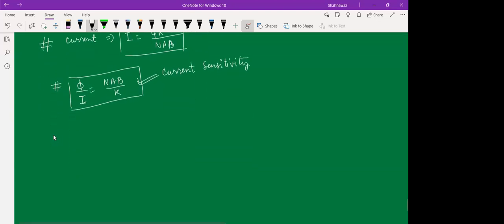Again, let me just write this thing. Phi is NIAB by K, right? So I want to calculate voltage from this. What is the relation between current and voltage?